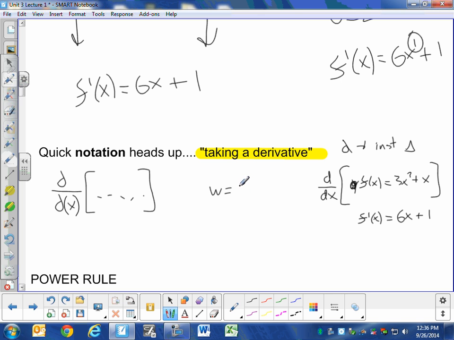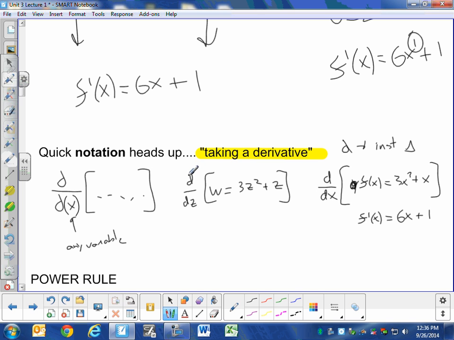I could have w is equal to 3z squared plus z. What I would do is take the instantaneous rate of change of this function, but instead of x's, I could use z's and say find the instantaneous rate of change of w with respect to the instantaneous rate of change of z.